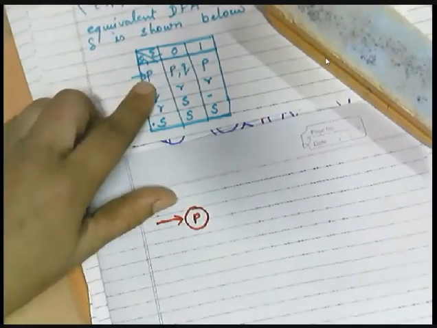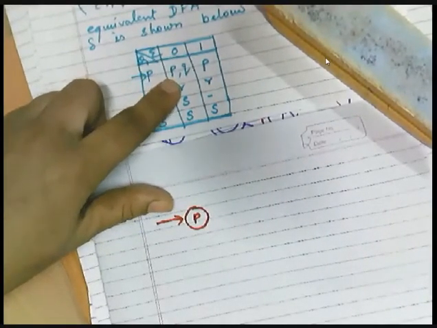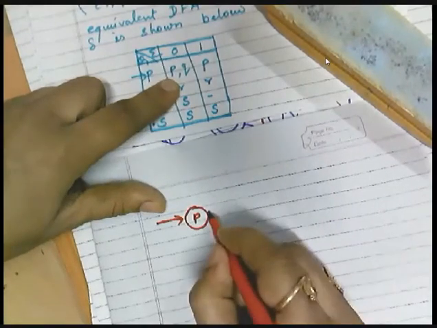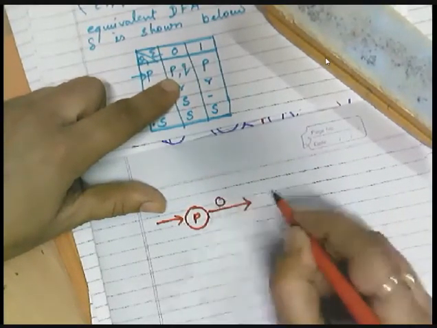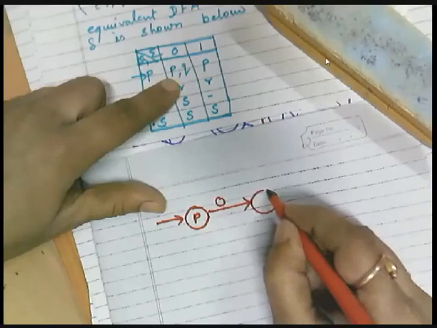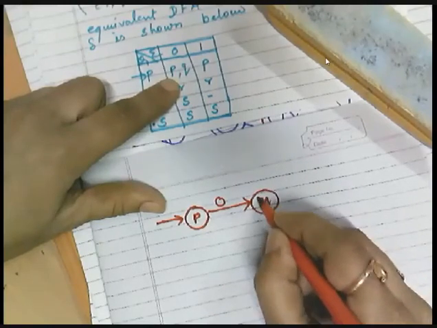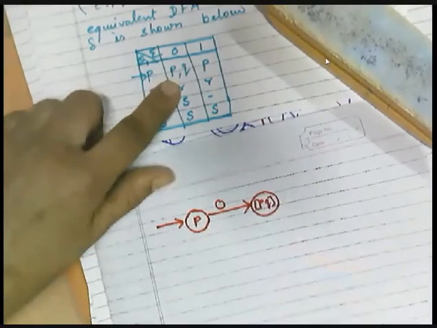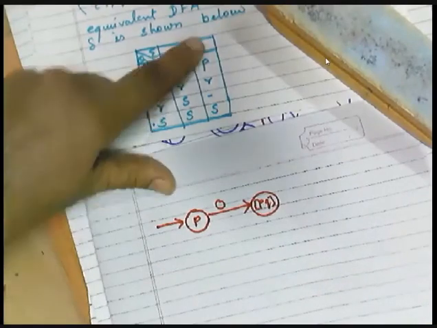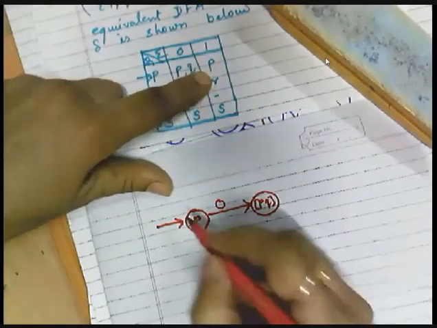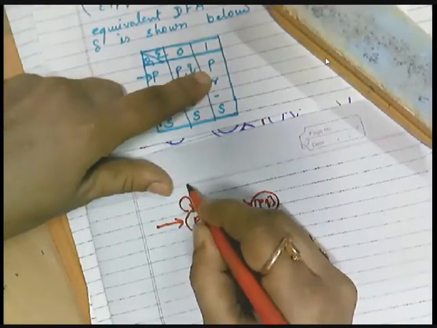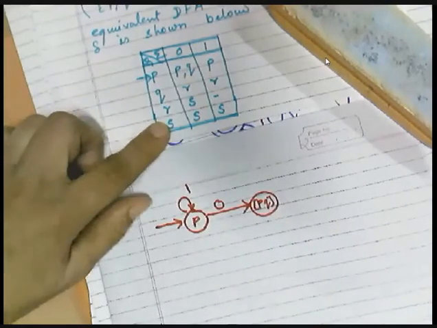So this P is moving on 0 to which state? PQ. So I need to make one state as PQ. Right? Then P on 1 moves to P, so there will be a self loop. Right?